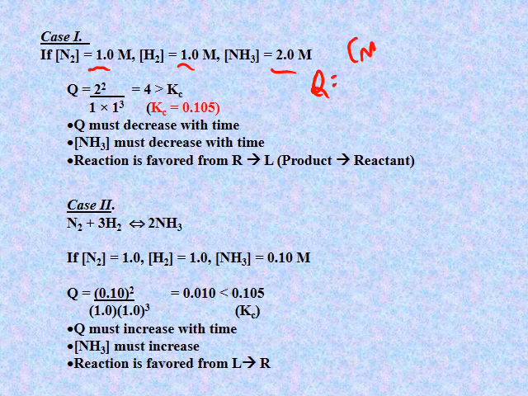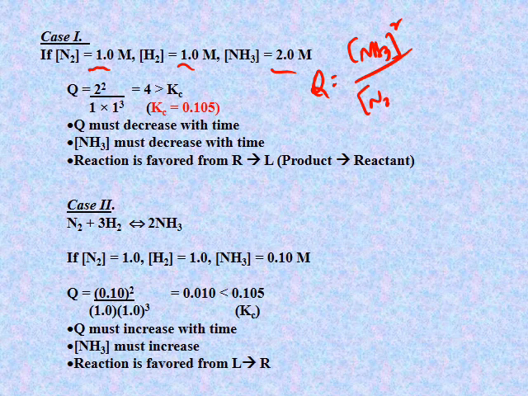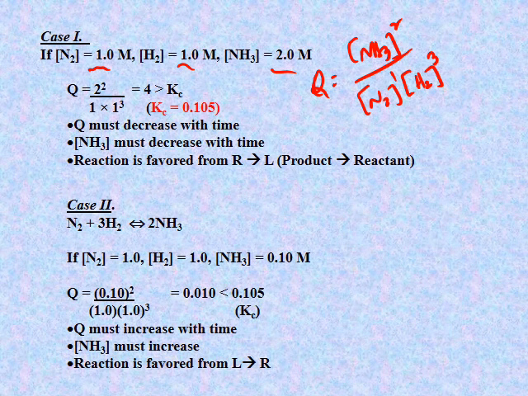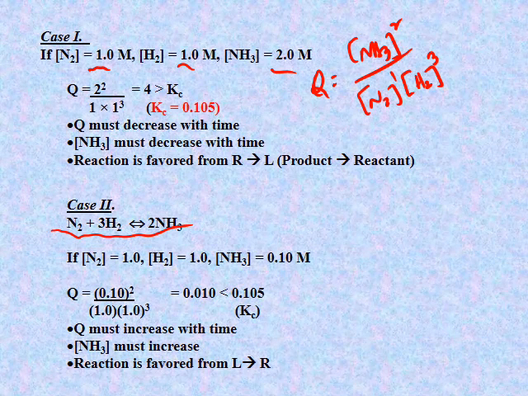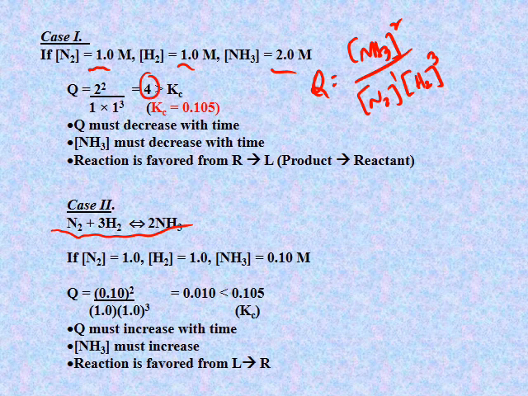So ammonia concentration raised to the power 2, nitrogen concentration raised to the power 1, hydrogen concentration raised to the power 3. That comes from the balanced reaction that you see here. Now, with all these numbers 1, 1, and 2, you're going to get 4. And that 4 is greater than equilibrium constant, which is 0.105.